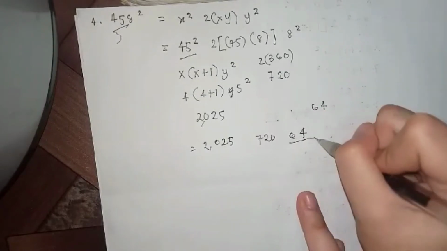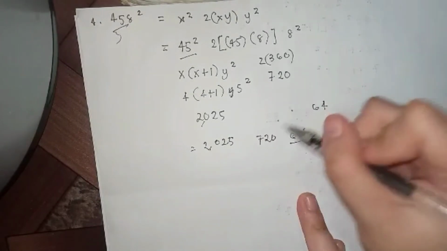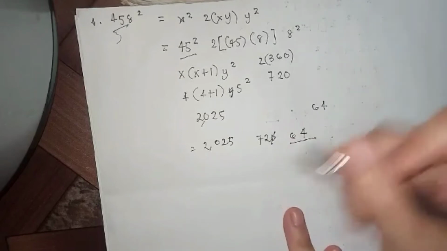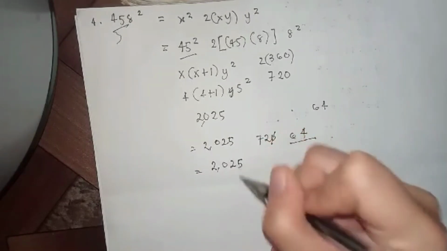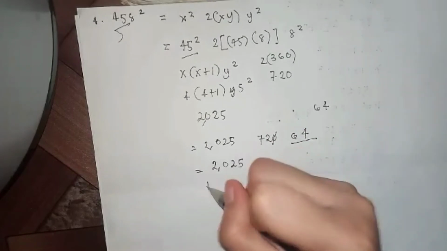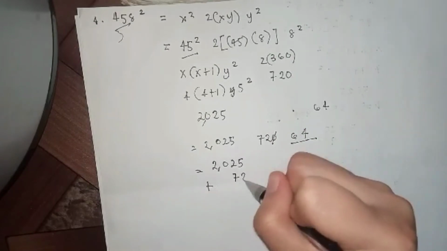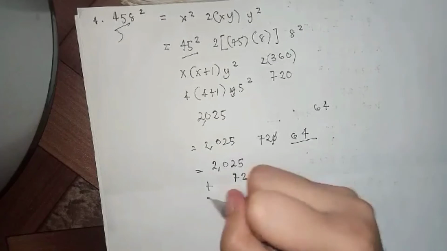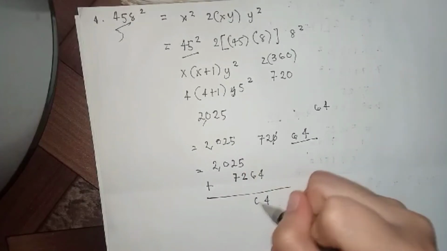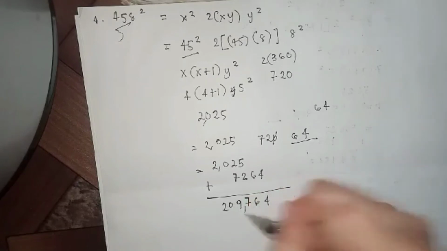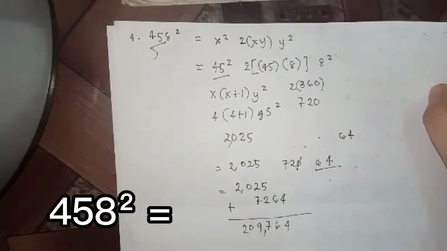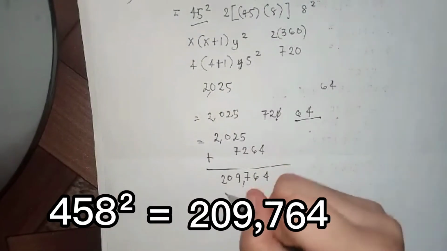Since this is 2 digits, we're gonna cancel out 1 digit here. So it becomes 2025 plus 7264. So this is 467902.